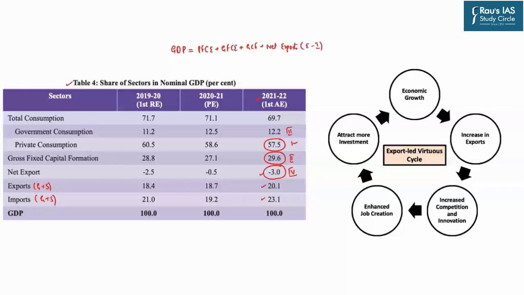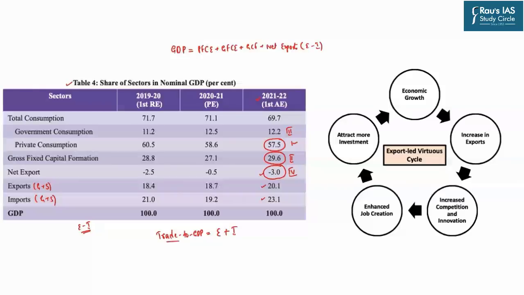Another important aspect is the concept of the trade to GDP ratio. See, when we say net exports, it is calculated as total exports minus total imports. But when we say trade to GDP ratio, it is calculated as the total value of export of both goods and services plus the total value of import of goods and services.